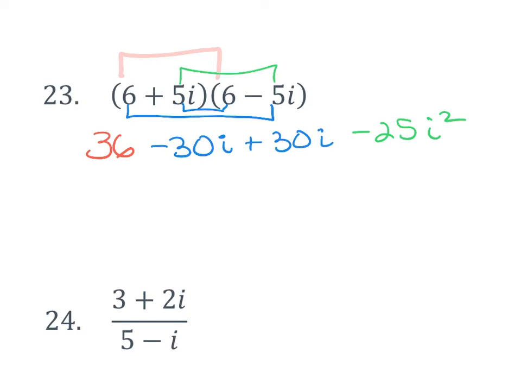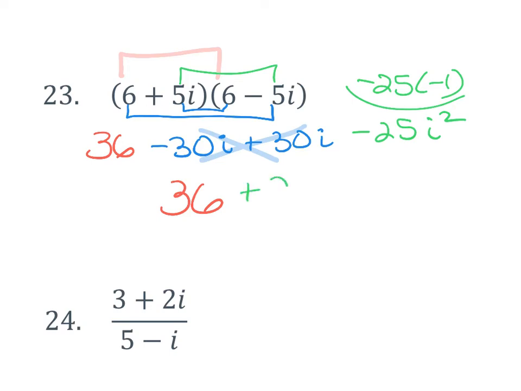When you multiply something by its conjugate, the outer and the inner, these two middle terms, cancel. The 36 will come down. Again, remember, i squared is -1, so I'm multiplying -25 times -1. I'm going to add it, and my final answer here is 61.